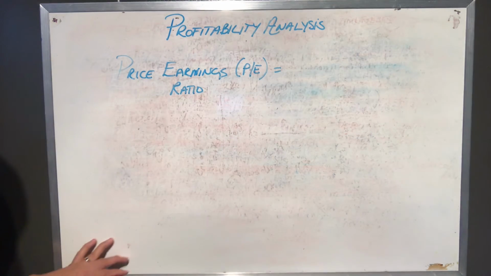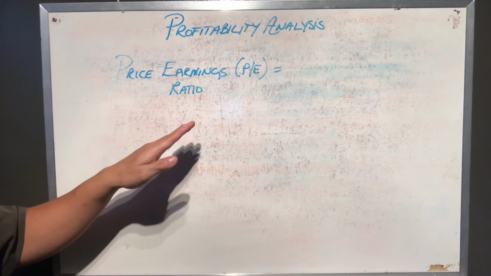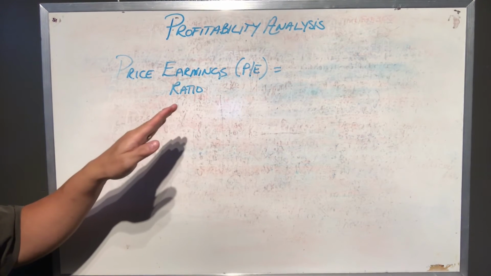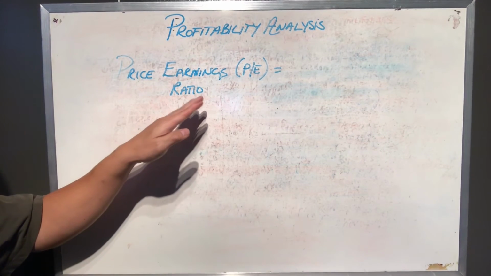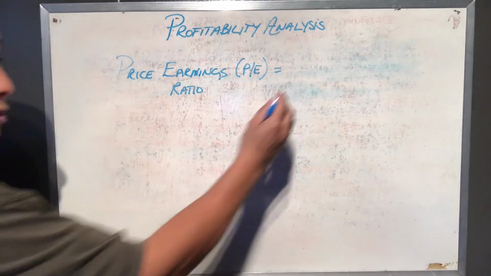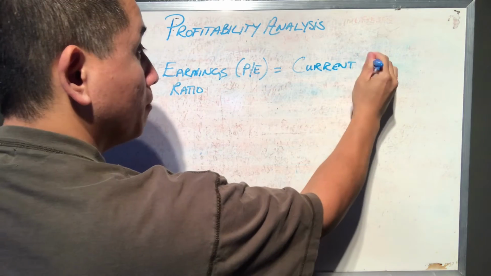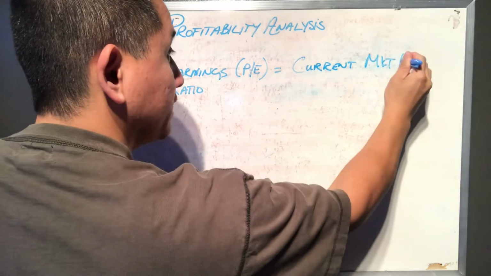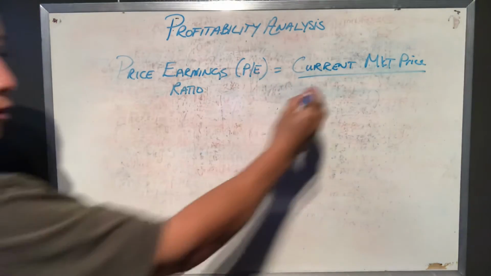Okay, so this is the relationship between a company's performance according to the income statement and the performance in the stock market. So this price earnings ratio here, it's computed as current market price all over earnings per share.